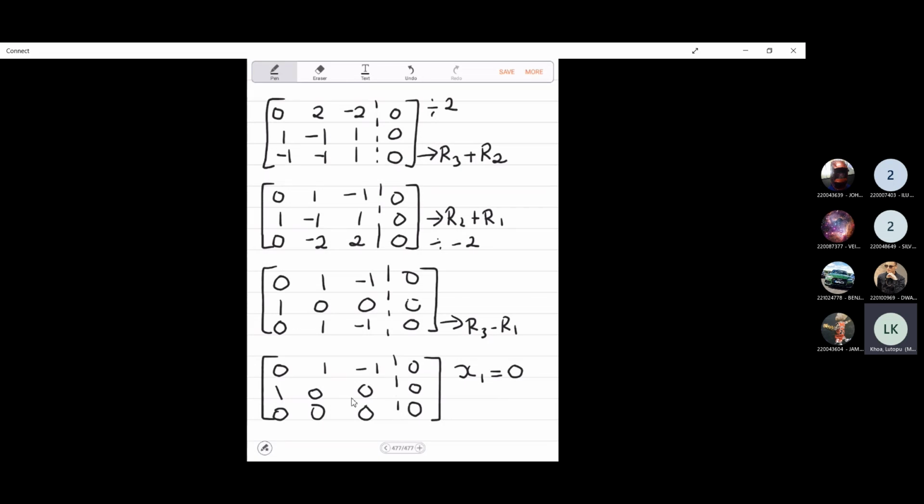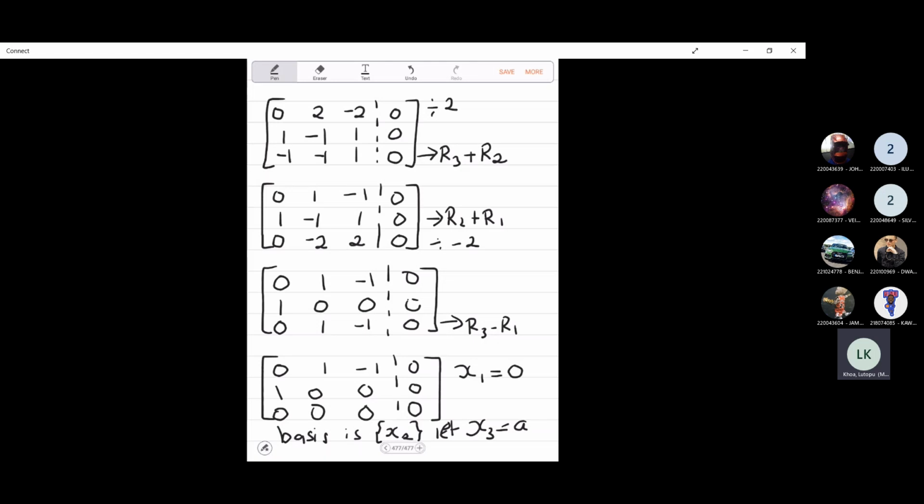Then it means that my basis is just made up of either this x2 or x3, because this one is obviously equal to 0. So our basis is x2, and then the non-basic variable is x3. So we let x3 equal to a.